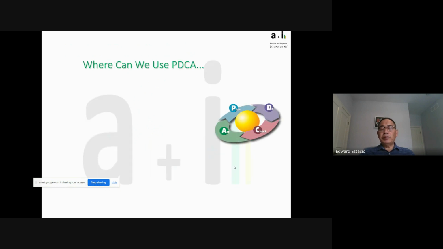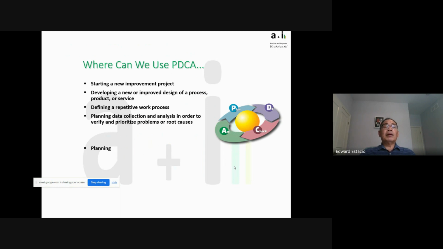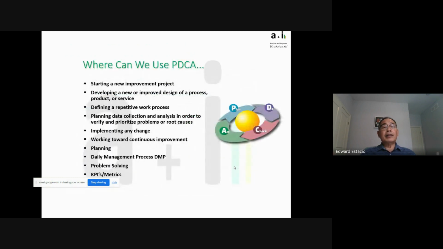So where can we use PDCA? We could use it on almost everything. When we're starting a new improvement project, when we're trying to develop a new or improved design or process, product or services. What about repetitive work processes? Doing some data collection: how do we make sure we have the correct data that we're collecting?